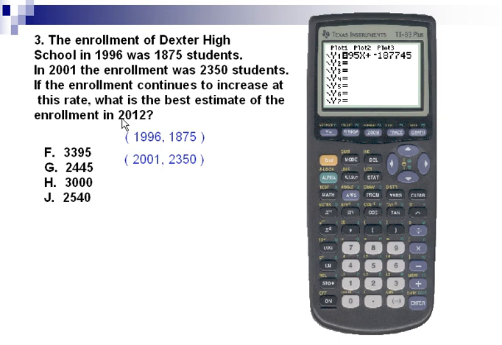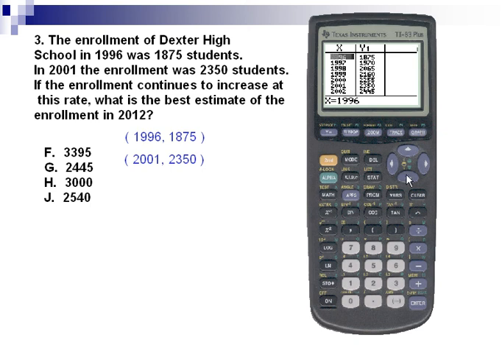Now, to estimate the enrollment in 2012, we're going to use our table. We want to go to second table set. Since this problem began counting in 1996, we will have our table start at 1996. Then go second table.